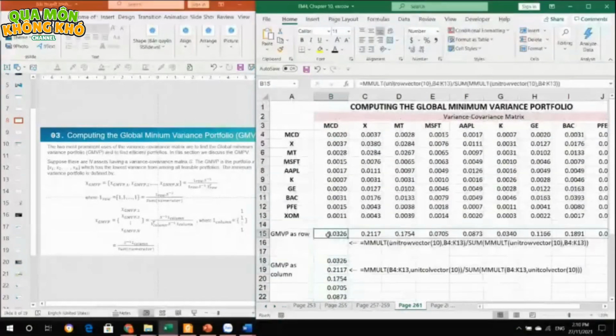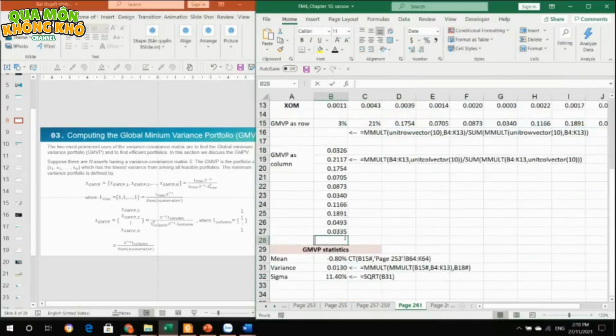Like this, we have 0.0326. That means we can invest 3% in the stock MCD. Also in the stock S, we can invest 21%, like that.